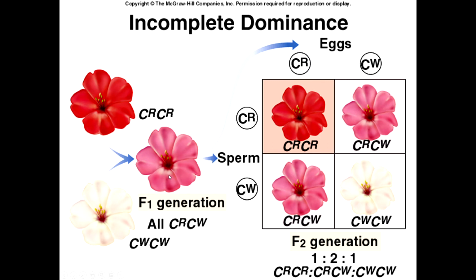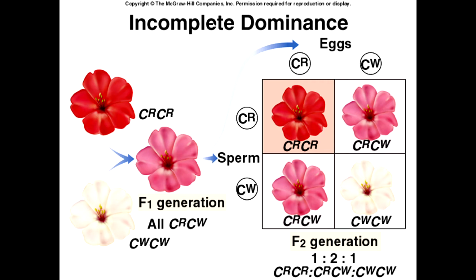When you do these problems, the way your author does them here, he uses the letter C to represent the gene for flower color, and then he attaches an R for the red ones and a W for the white ones. You can do it that way if you want. What I do is, anytime I read a question and see it's incompletely dominant, right away I write down A1s and A2s.